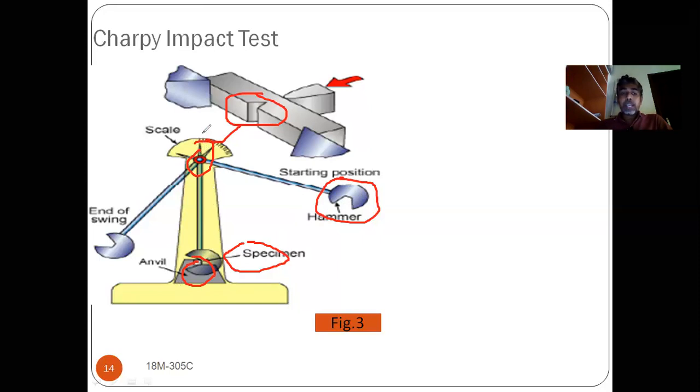That energy can be calculated by taking a value from the scale. Based on that energy absorption, we can say how much impact strength the material has. A similar procedure can be adapted for the Izod impact test, but the difference is in loading the specimen and placing the swing hammer.